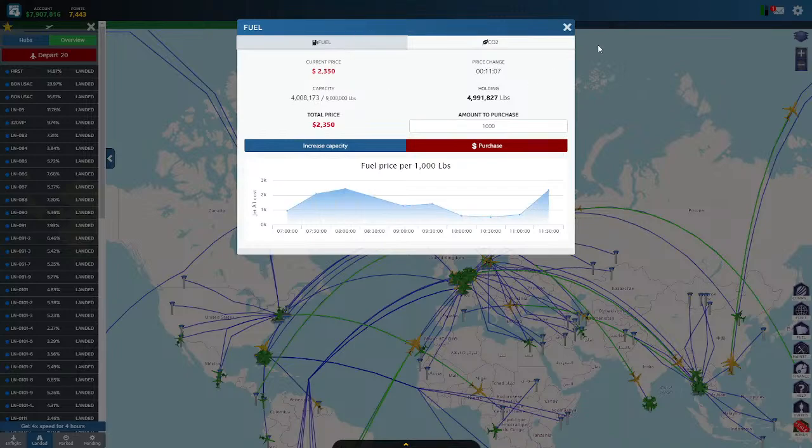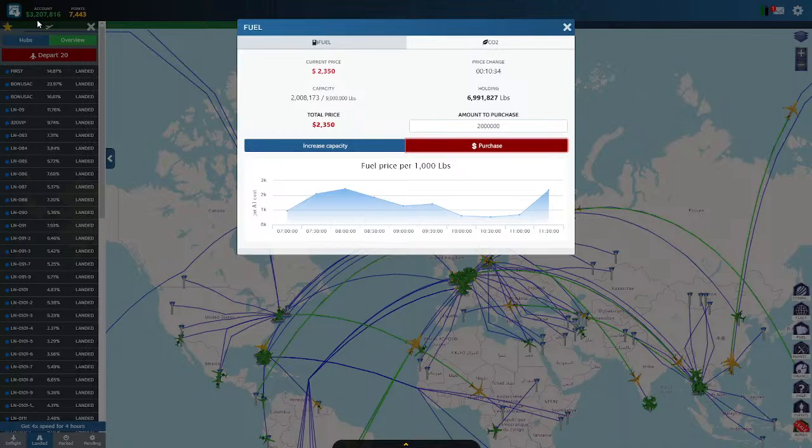So if I can buy, I can do like this, then it's back to approximately what it was. I haven't gotten back all the money.